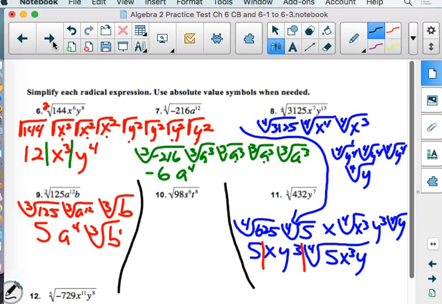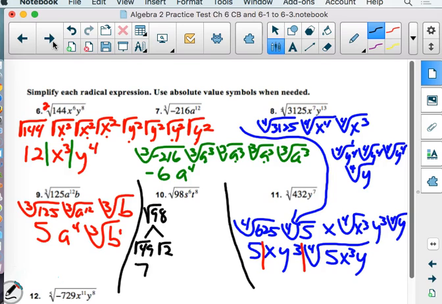Number 10. Square root of 98. There's got to be a perfect square that goes into 98, right? You think of one? Something that will divide nicely into 98 from our perfect squares. 49 and 2. Good.